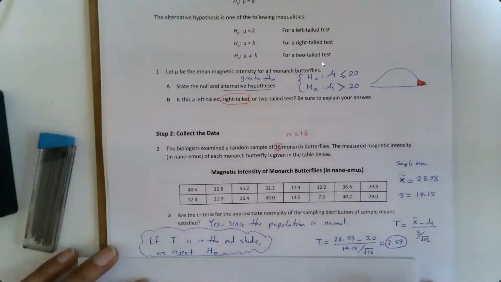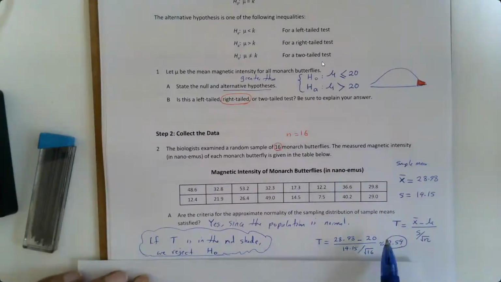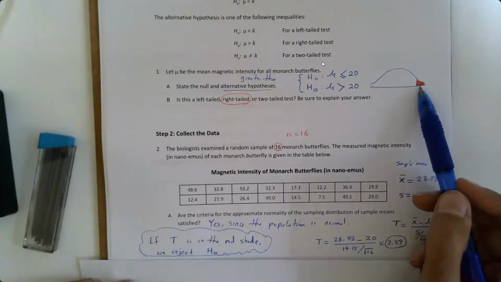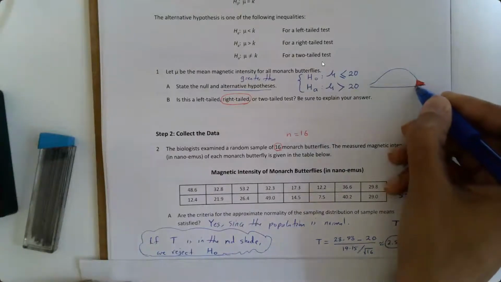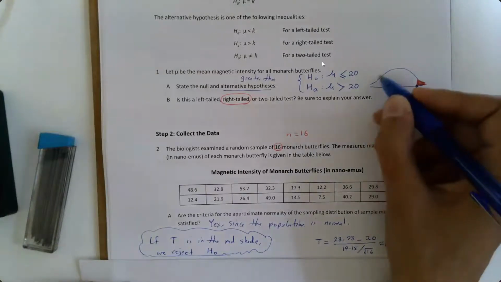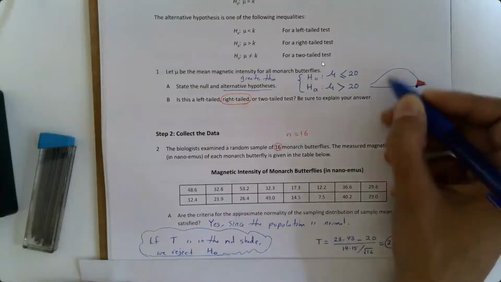But how do we determine if T is inside this area or not? The thing that you need is this number here, this critical number that divides the rejection region and non-rejection region.